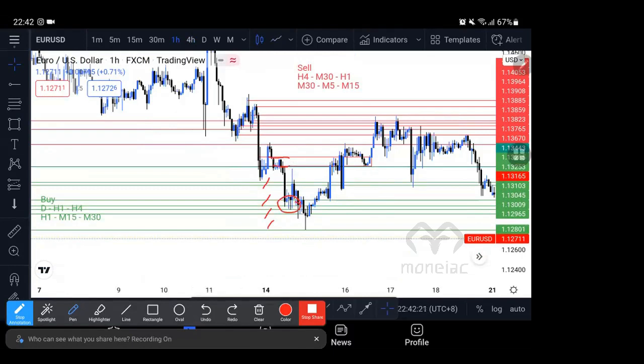It doesn't even reach the H4 key level, and over time the market actually creates a new key level over here, for the sell buyers, creates another new key level, and then later after these buyers break, we are good to have a buy re-entry.